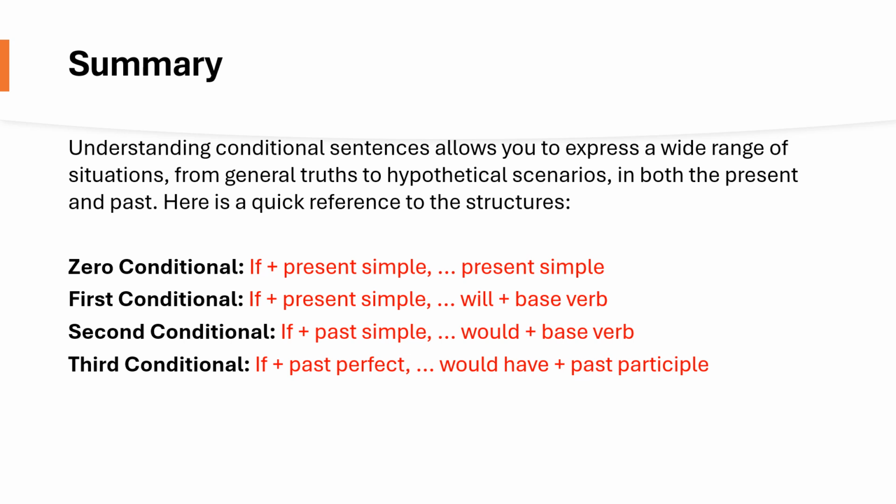Second conditional, if plus past simple in the dependent clause and would plus base form in the independent clause. Third conditional, if plus past perfect in the dependent clause and would have plus past participle in the independent clause.